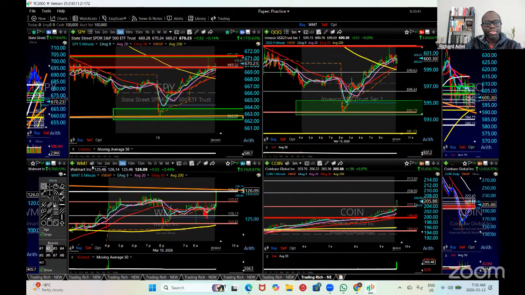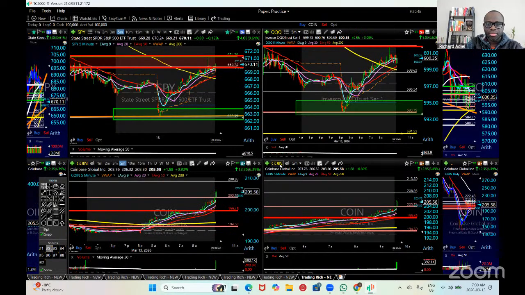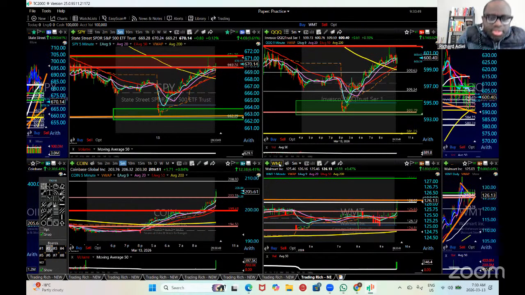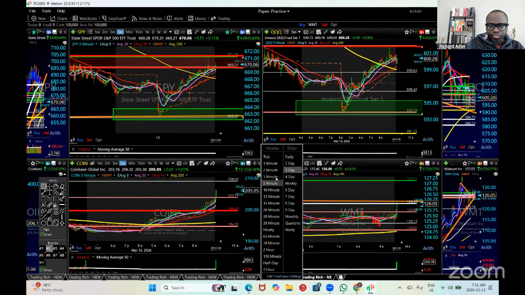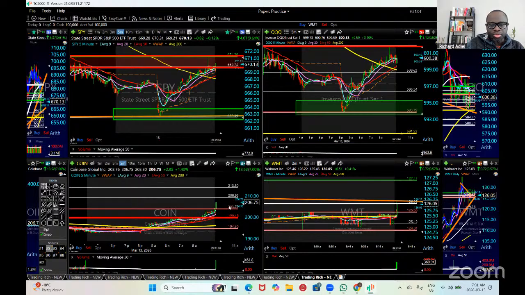Walmart is giving us a bullish engulfing candle. Let me put this on the left, put Walmart here, WMT. So Walmart is showing strength here. I will wait for the first 2 minutes candle to close on Walmart, and I'll enter in, because once it breaks here, it's going to look to go.